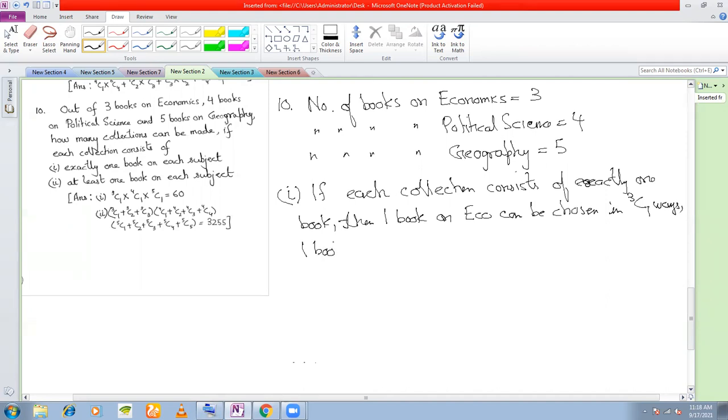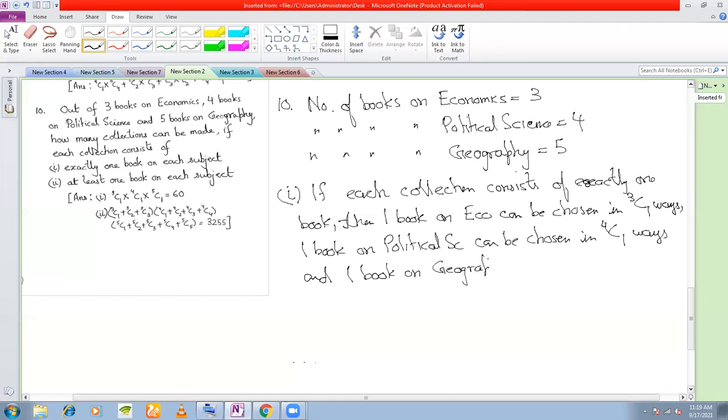One book on political science can be chosen in 4C1 ways, and one book on geography can be chosen in 5C1 ways.